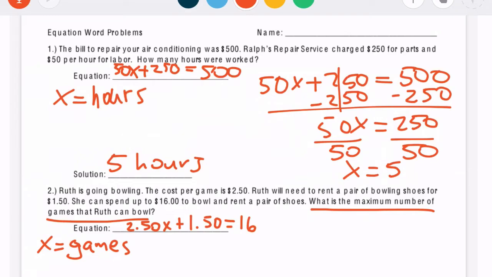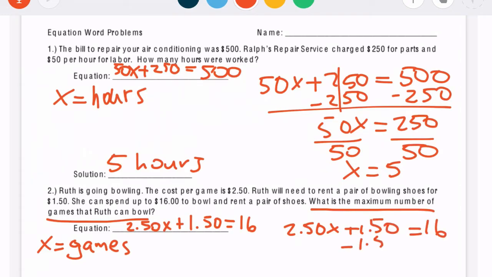With these problems, the hard part is setting up your equation, taking what's in the question and setting it up accurately. But once you have your equation, a lot of these are just two-step equations.